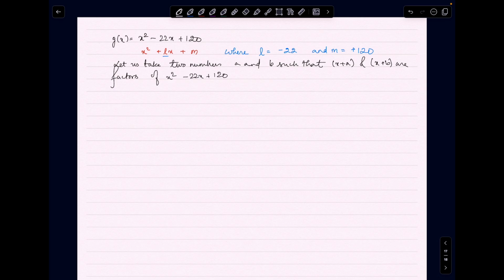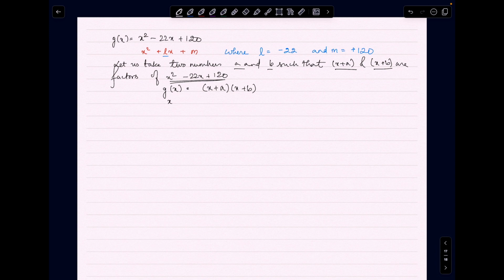So g of x equals x plus a into x plus b, since these are factors of this g of x.